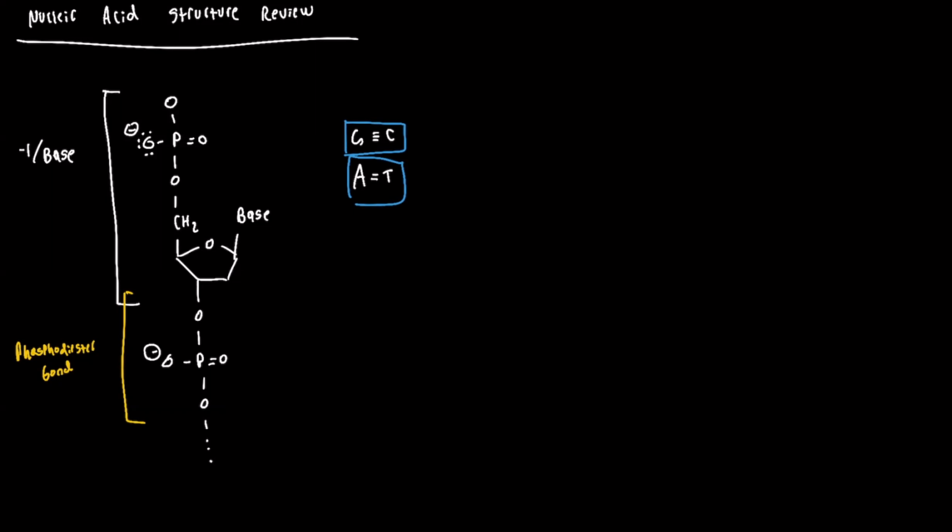One other thing that I didn't put in here was that there's an H if this is a DNA, but if this is an RNA, then there's an OH here. And this OH is part of the reason why RNA is so fragile, because hydroxide can come over, grab this H, which will make this oxygen way more reactive.